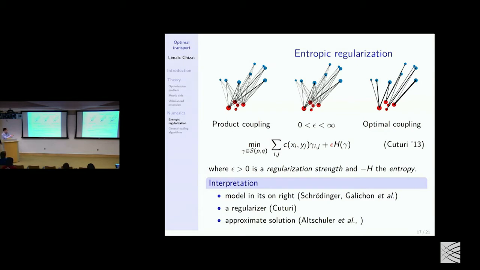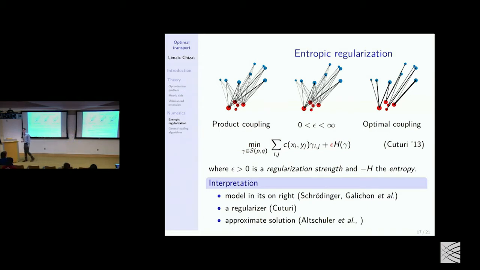And the thing is that when I solve this problem, there are very efficient algorithms. So there are a few ways to interpret the introduction of the entropy in the model. It has been, for instance, a model introduced by Schrödinger to study gas. In economics also, this variant of optimal transport has been introduced to deal with matching between agents with noise in their preferences.